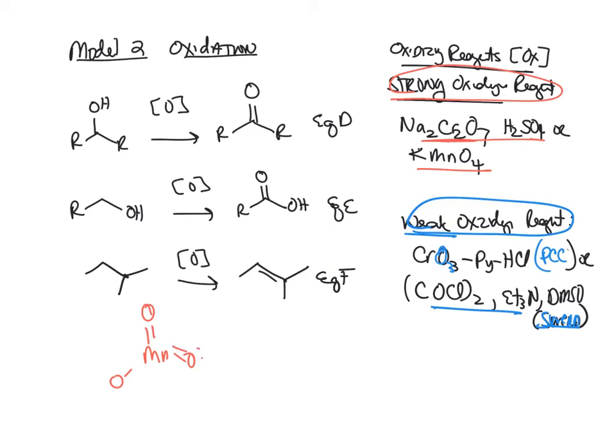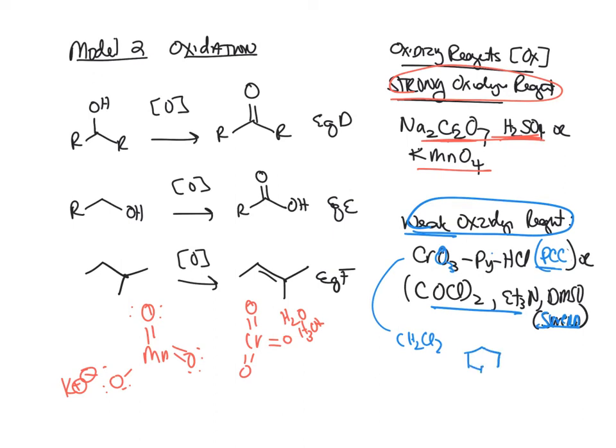So, notice your manganese has lots of oxygen. Chromium's the same way. And then here, this is an acid, so you also have water present when you have acid. The difference with weak here is you have no water. This is usually done in dichloromethane. And pyridinium chlorochromate looks like this.